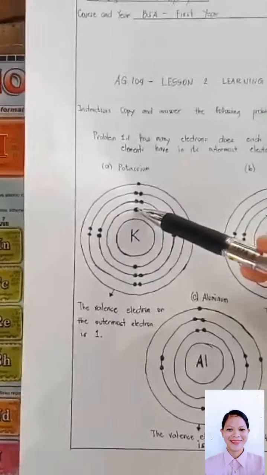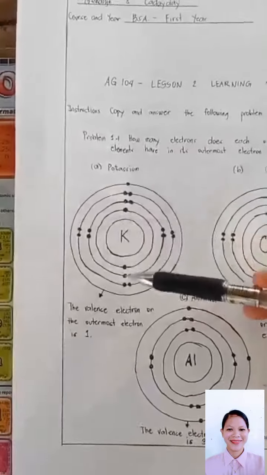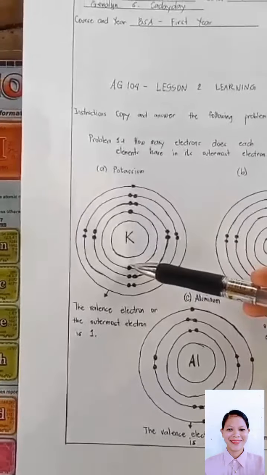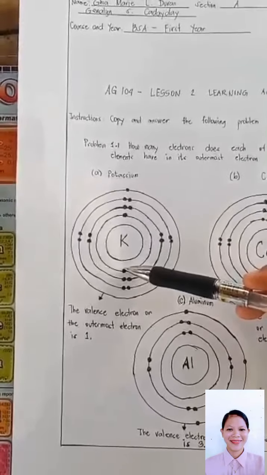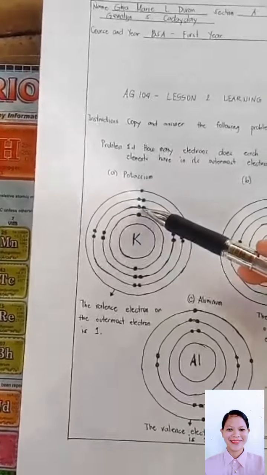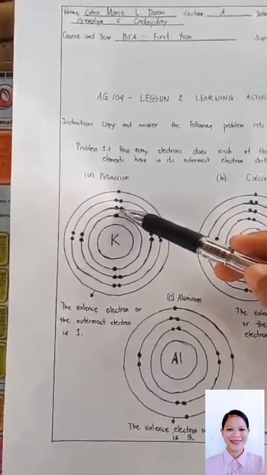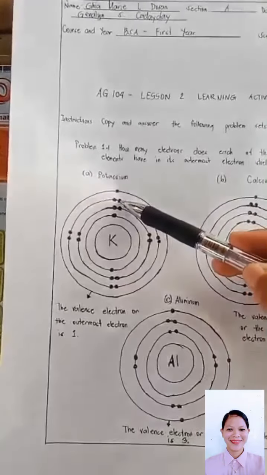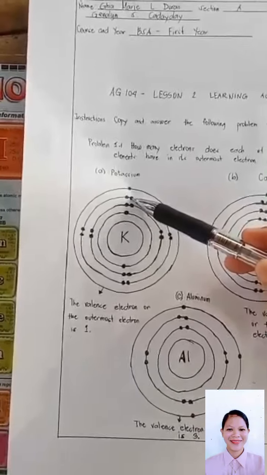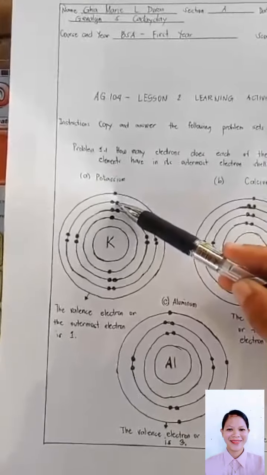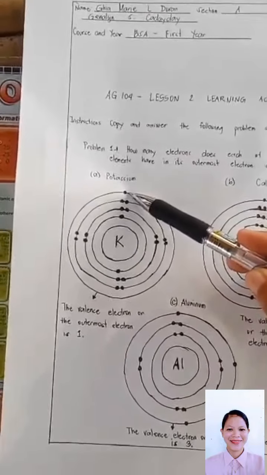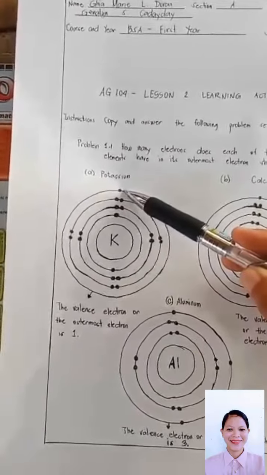The first ring holds 2 electrons. The second ring can hold 8 electrons. The third ring can hold 8 electrons. Then lastly, the fourth ring can hold 1 electron.